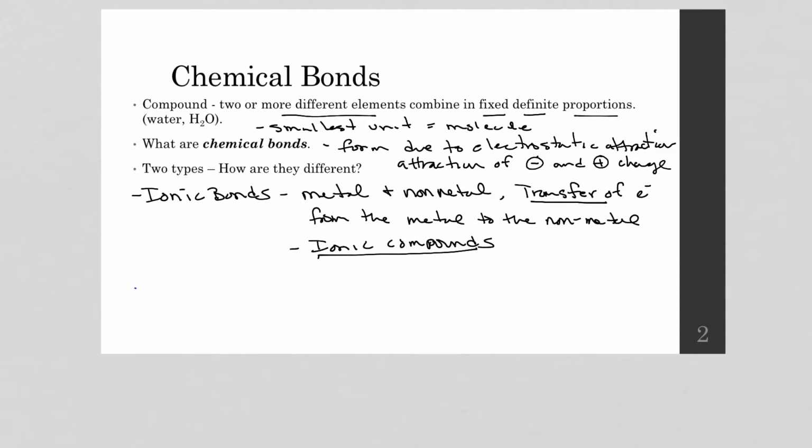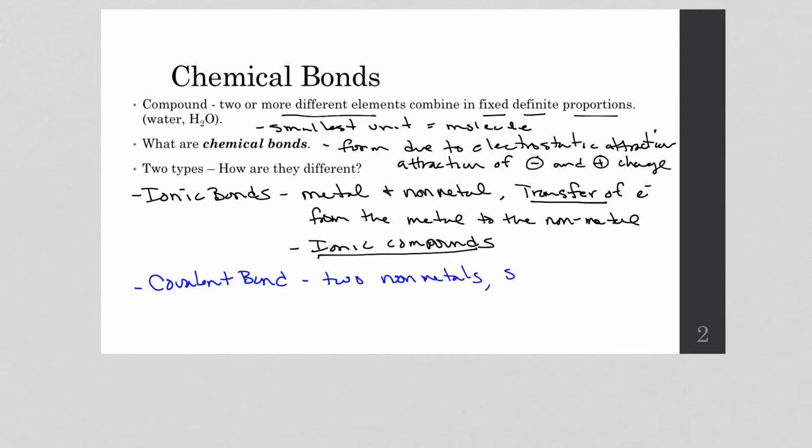Second type is called a covalent bond. A covalent bond is formed between two non-metals, so no metals are involved.